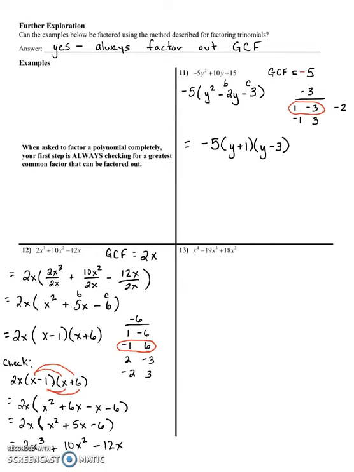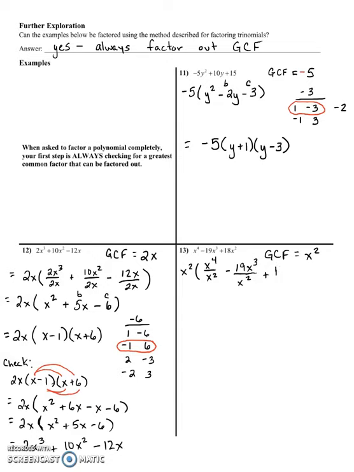Okay, what about number 13? Our GCF here is going to be just an x squared. So if we take out an x squared, remember we're dividing each term by the GCF. And when you get good at this, once you've practiced a lot, you probably won't have to write it out like I'm doing right now.